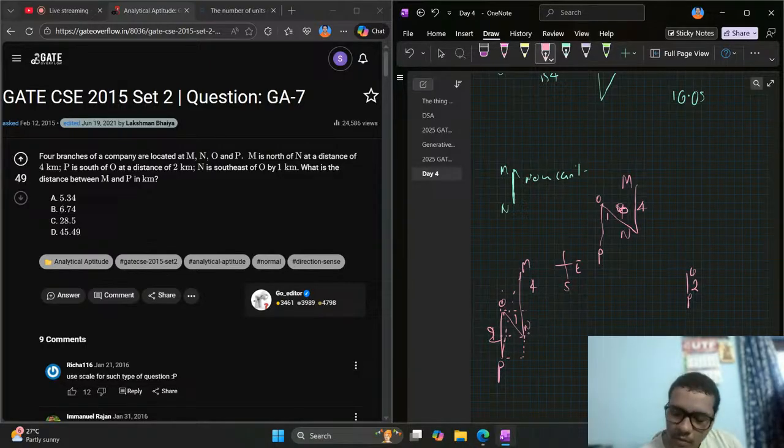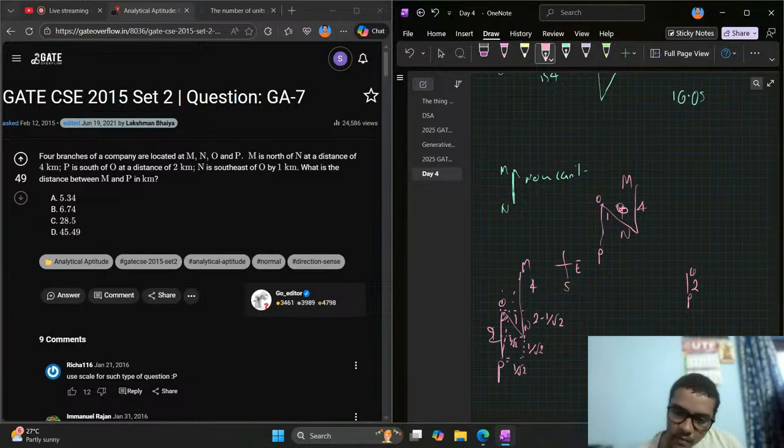What do I do? We know this is 45 degrees. So this is 1 by root 2. So this is 1 by root 2. And this length is 4. And we don't know how much is here. So this is 1 by root 2 as well. This part. So this part is 2 minus 1 by root 2.